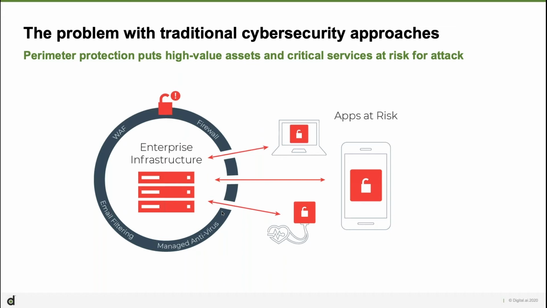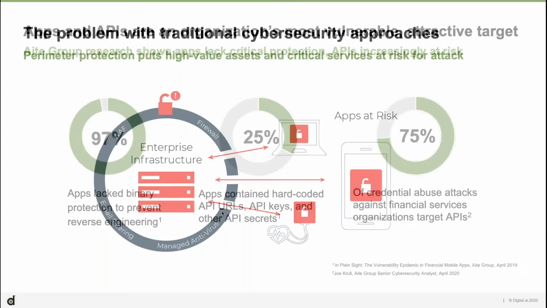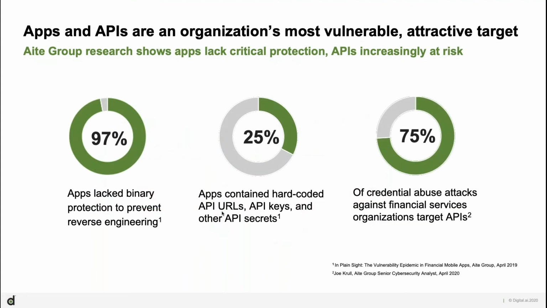That communication today is mostly typically utilizing web APIs. And that's going to be a big part of another part of what we're going to be looking at today. So why are these apps at risk? That's one of the things that we need to fundamentally understand to solve the problem and understand the solutions and how they're going to solve these problems.